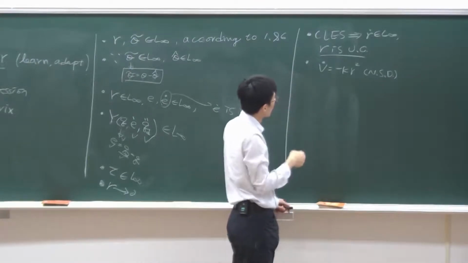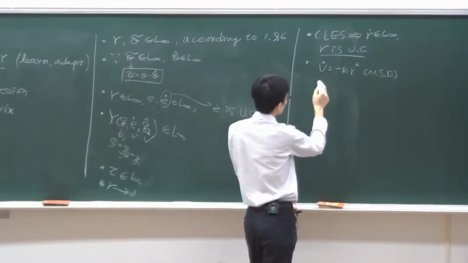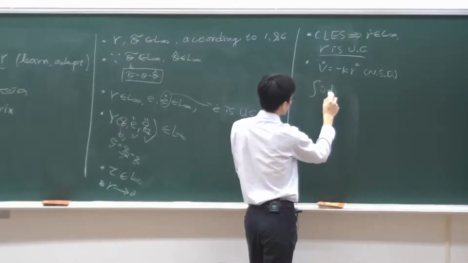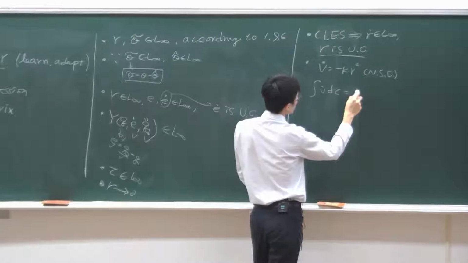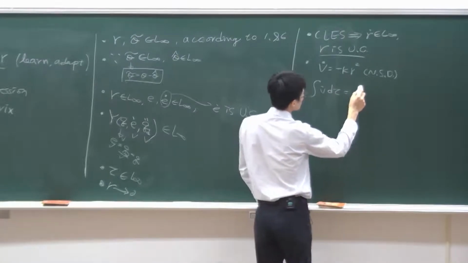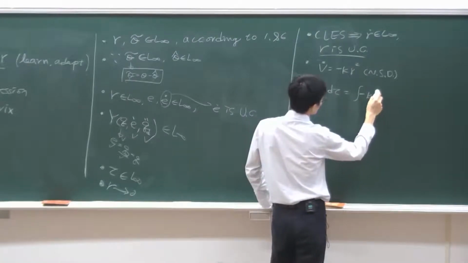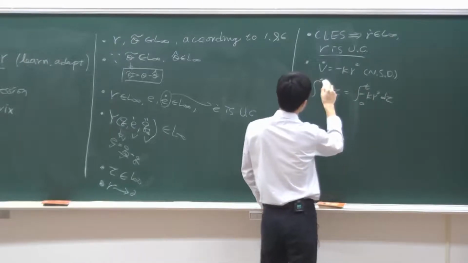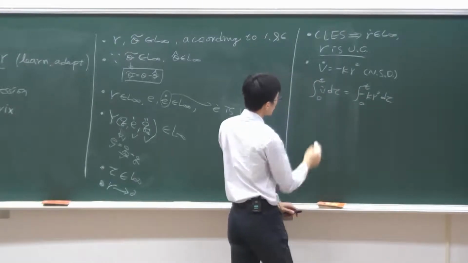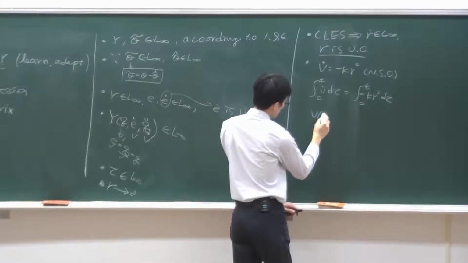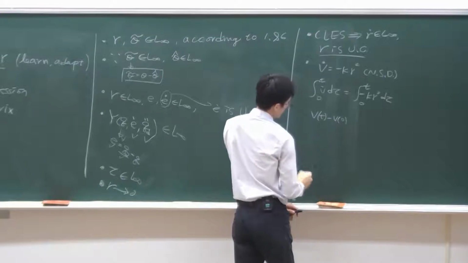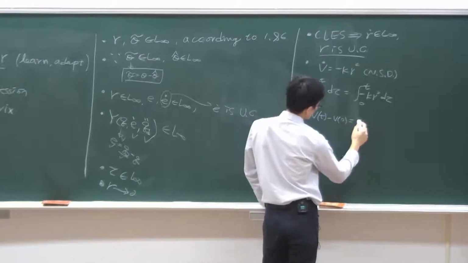And if you integrate both sides, you get V(t) minus V of the initial condition equal to this.